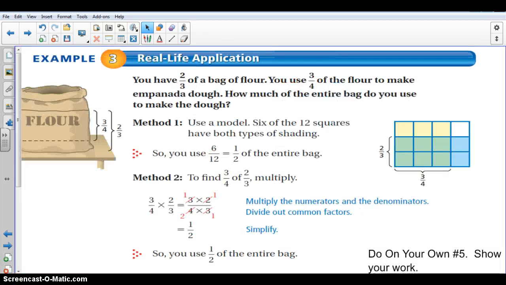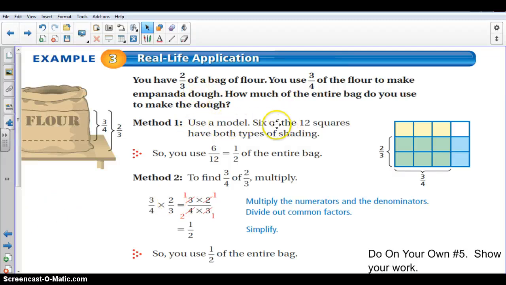Example 3, and this is where we take what we know and we put it into a real life application. The problem is you have 2/3 of a bag of flour. You use 3/4 of the flour to make empanada dough. How much of the entire bag do you use to make the dough? Now, method 1 tells you you can use a model.